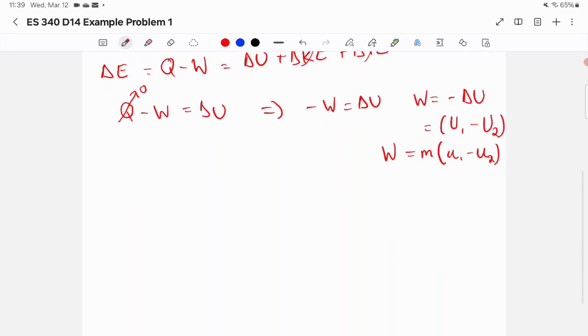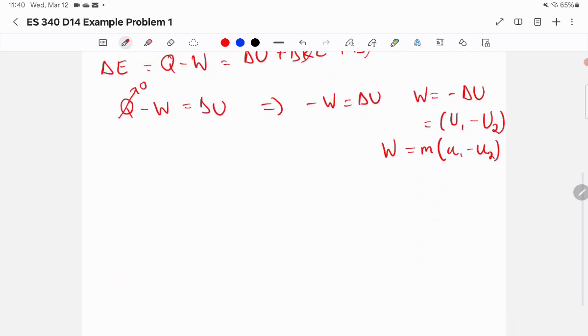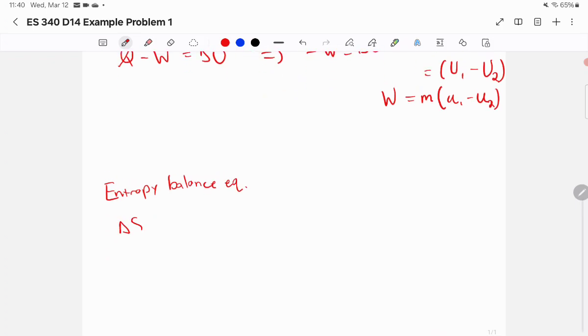So that's our energy balance equation, and now our entropy balance equation, because we're also going to need that for part B. That's going to be delta S is equal to, again from state 1 to 2, the integral of delta Q over T plus sigma, but there's no heat transfer in this problem, so that goes to 0.